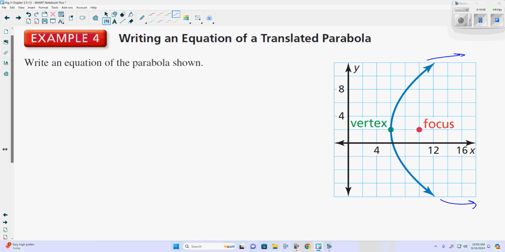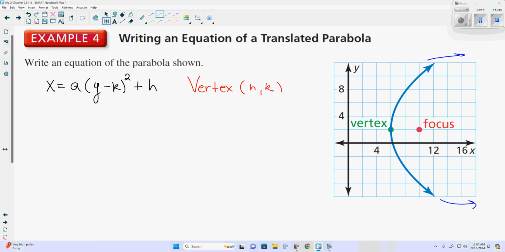And since this is going to the left and right, our general form is x is equal to a times the parentheses y minus k squared plus h. This is just the general form. Since it's opening to the right, we have some information that we know. Vertex is h comma k. We know it opens to the right, so according to the general form, the vertex is h comma k.